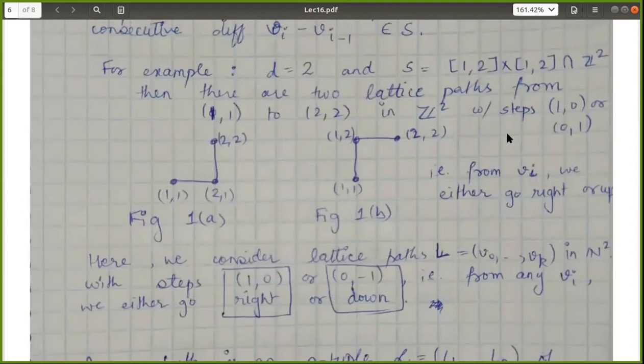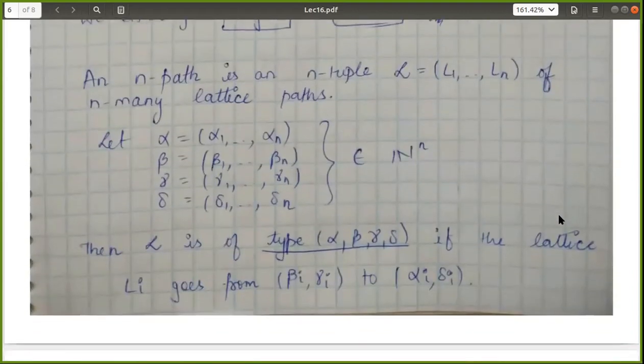You put them together and you call it an n-path. An n-path is an n-tuple of n lattice paths. And now you take these vectors in N raised to n, each vector having n coordinates.